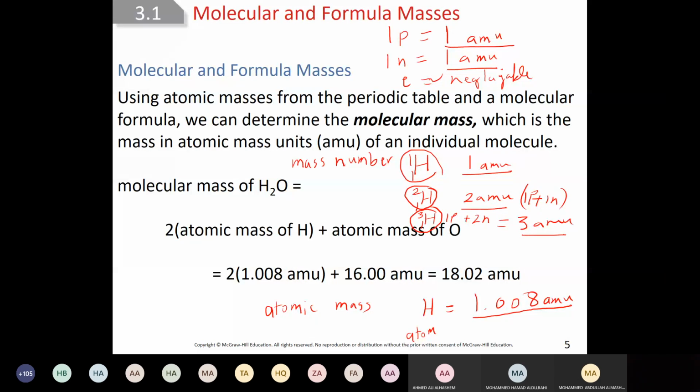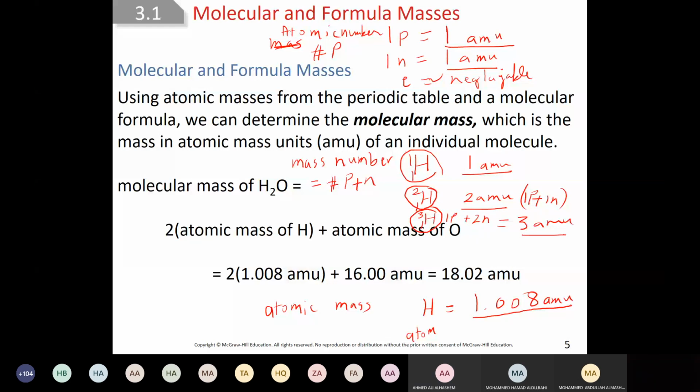I want you to memorize all of these and keep them in mind. We took this last chapter. This is the atomic number. What's the atomic number? The number of protons. What's the mass number? The number of protons plus neutrons.